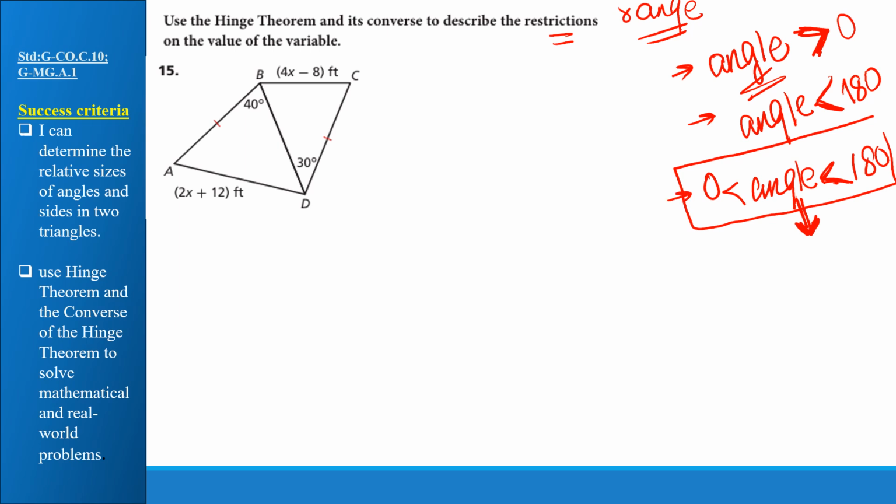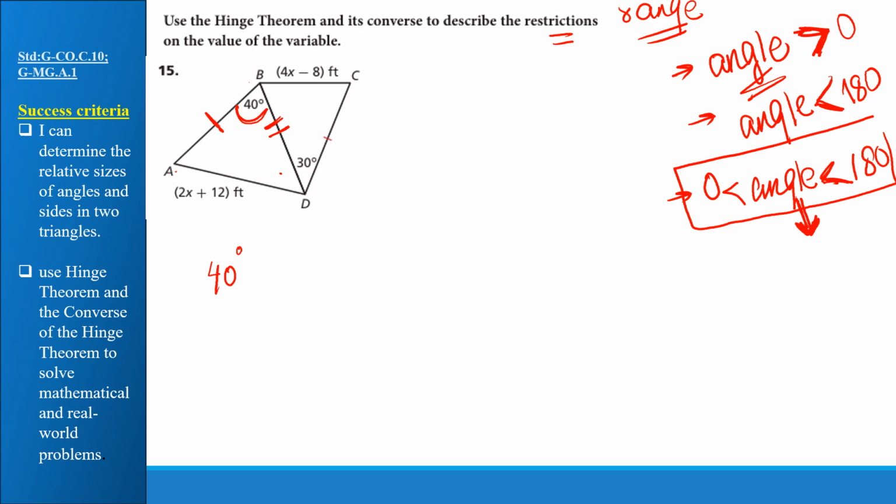So, describe the restrictions. First of all, see where the included angle is and what the possibilities of included angles are. So, where is the included angle? This side, and this is the common side. So for the first triangle ABD, the included angle is 40 degrees. And what is the name of the angle?